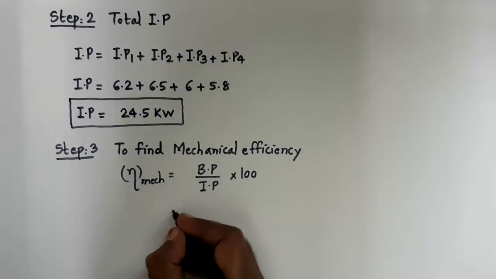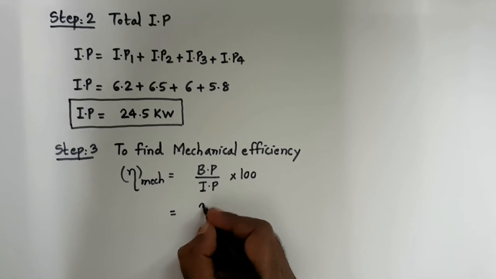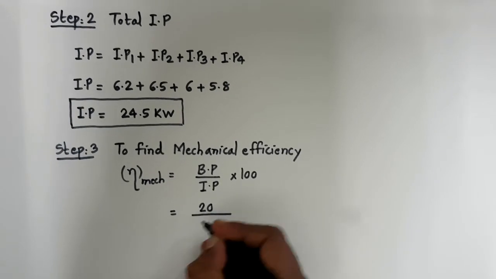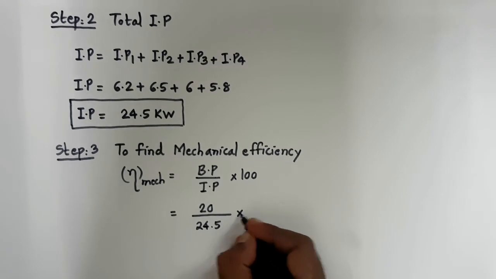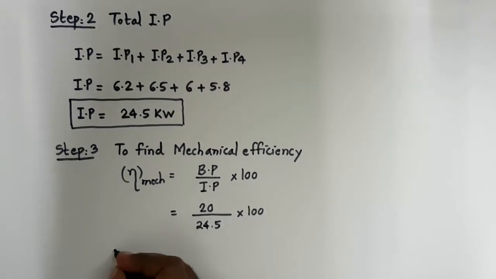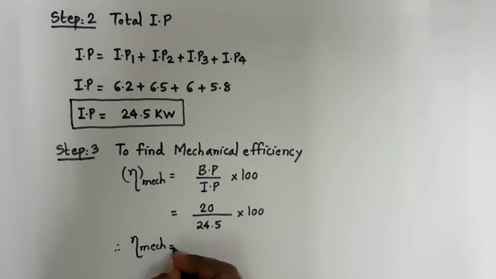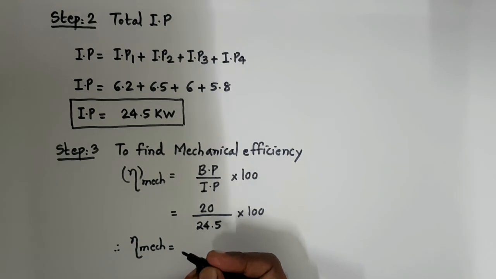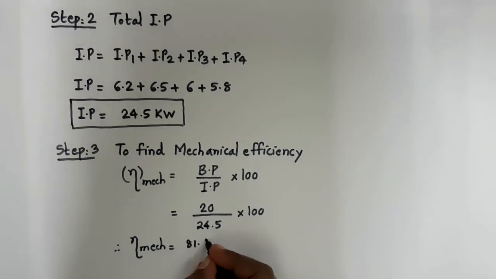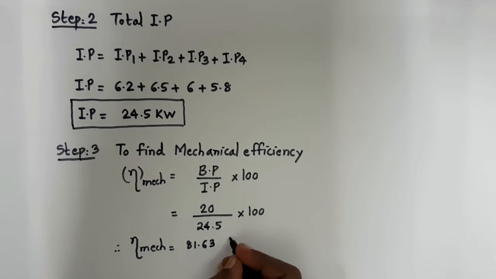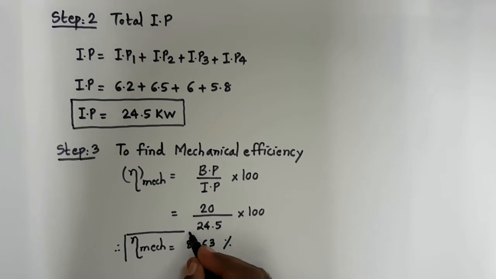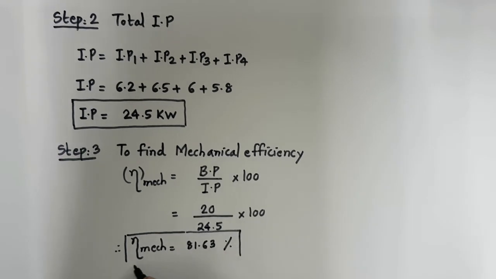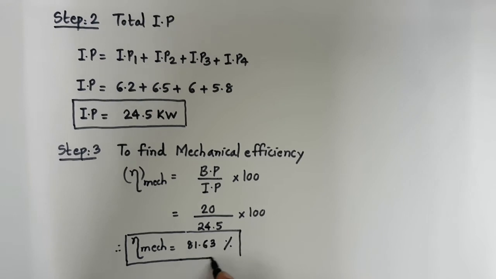So the brake power is already given, 20 kilowatt, and the indicated power we have found, 24.5, multiplied by 100. Therefore mechanical efficiency is equal to 81.63%. This is the second thing that is asked in your question.